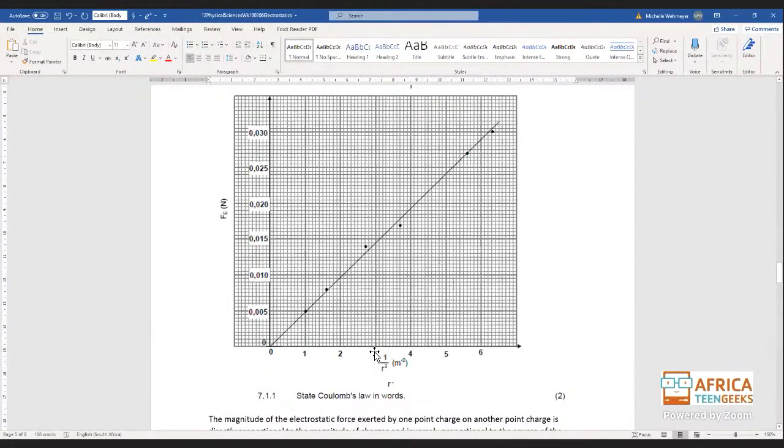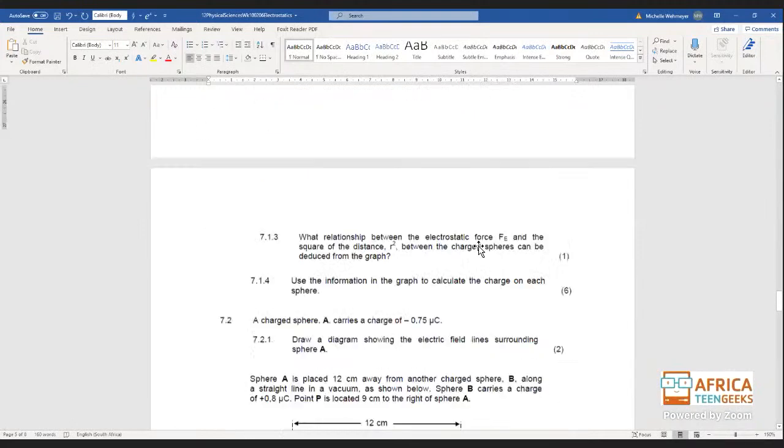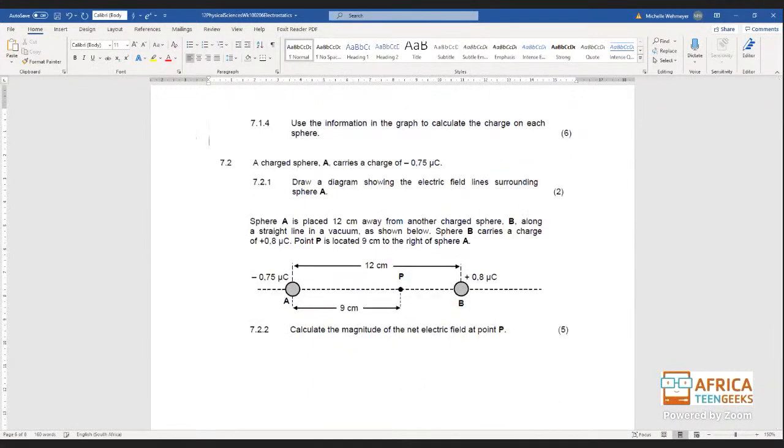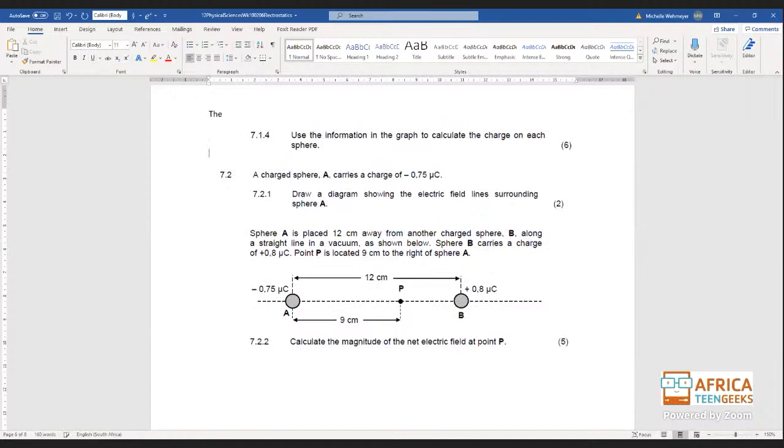But because your x-axis is 1 over something, it automatically tells you that it's an inverse proportionality. So you would write the electrostatic force is inversely proportional to the distance squared.